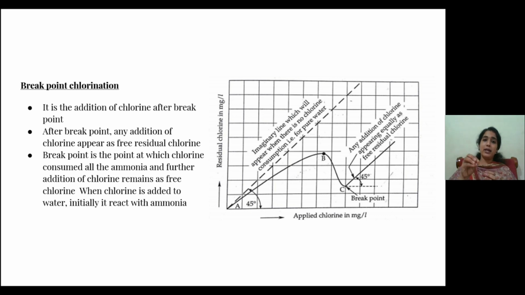All the chlorine that we add into the water will result in residual chlorine. That is the dotted line shown there. After the breakpoint, the amount of chlorine added will show a graph similar to that of pure water. This is the breakpoint chlorination.